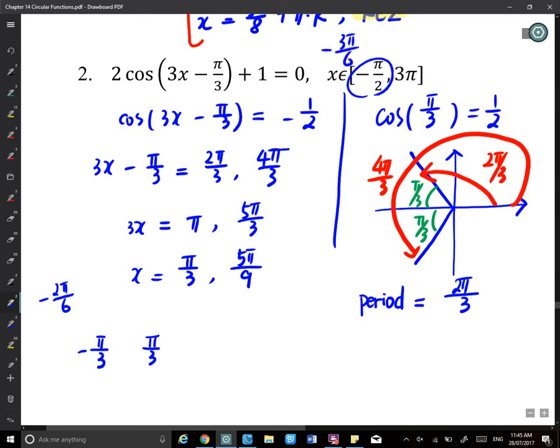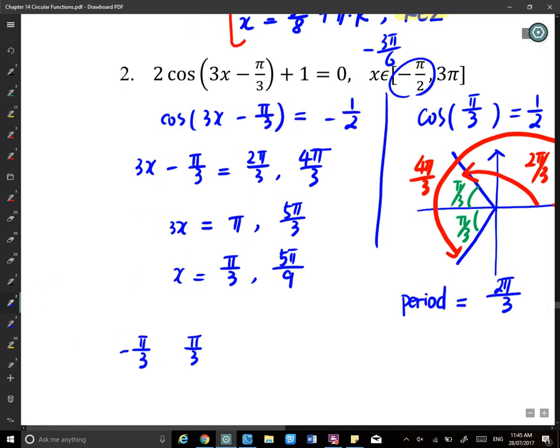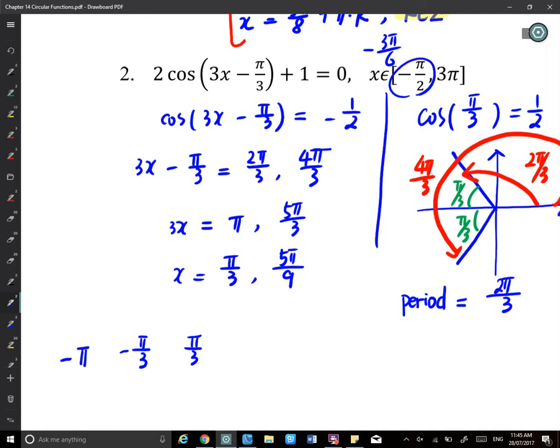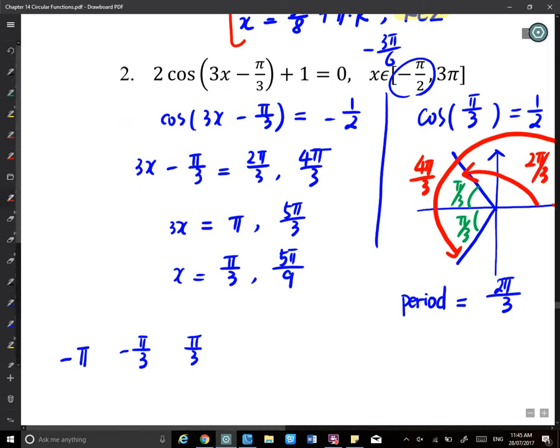So it's still within the domain, so I can take this one. So I need to try the next one. The next one will be minus pi, because I subtract 2 pi on 3 from minus pi on 3. Minus pi is definitely not going to be a solution.